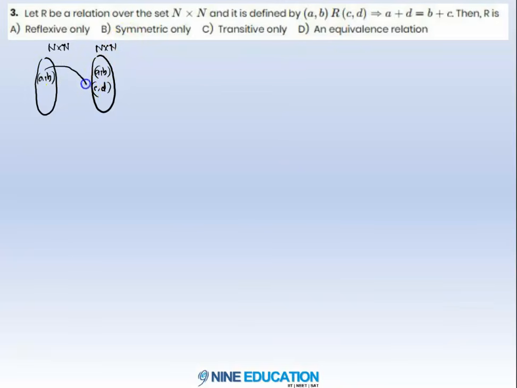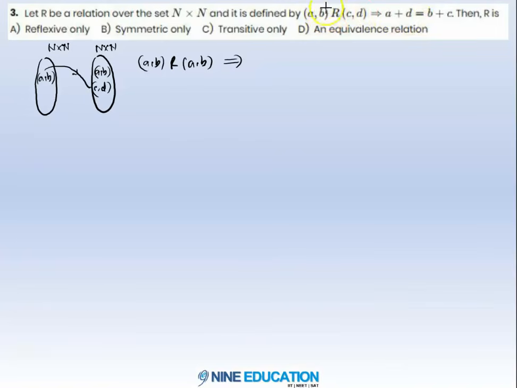So the ordered pair (a, b) is related to the ordered pair (c, d), and for that there is a rule given. But for a reflexive relation, the same ordered pair must be related to itself. It means (a, b) should be related to (a, b) itself. So let's check whether this is true or not.